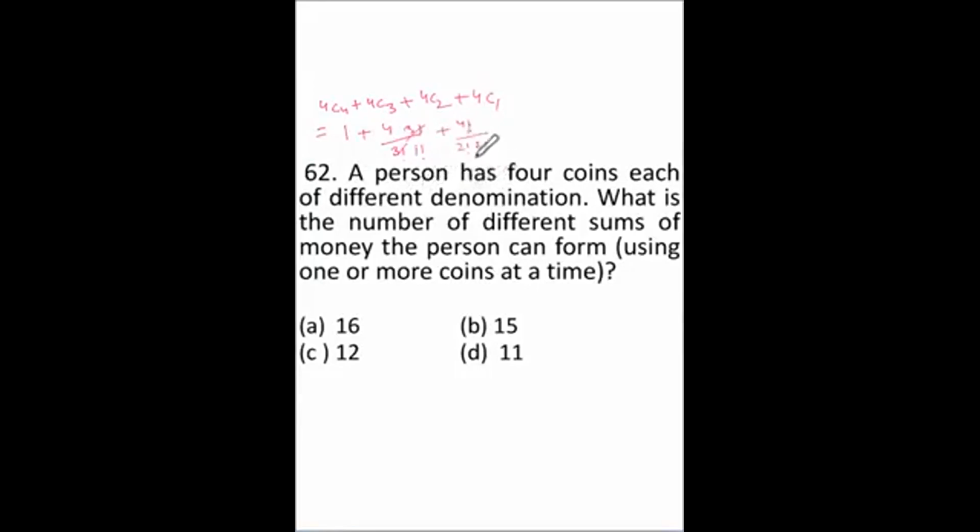So we write it 3 and 2 factorial. So this cancels out, and 2, 2. So this is 6. Then 4C1 is 4. So this is 1 plus 4 plus 6 plus 4. So it is 15. So answer is B.